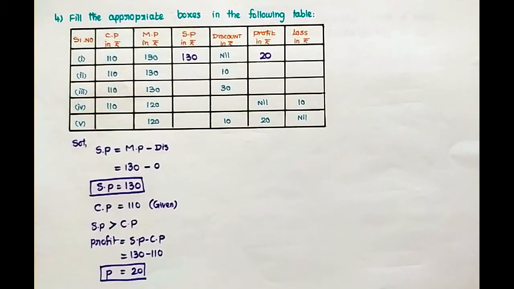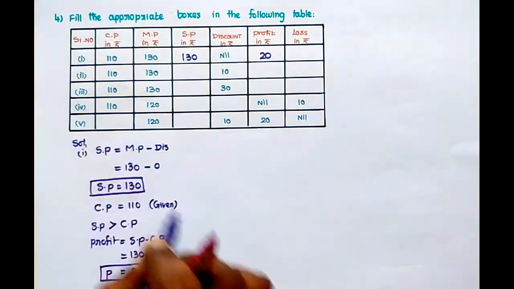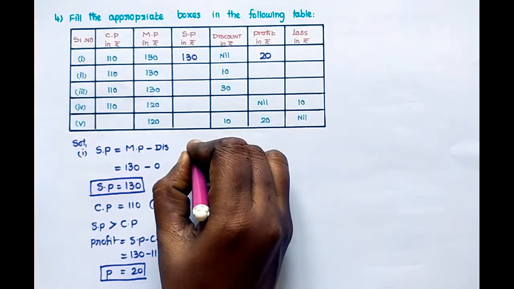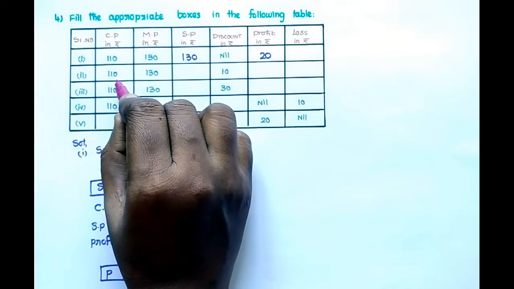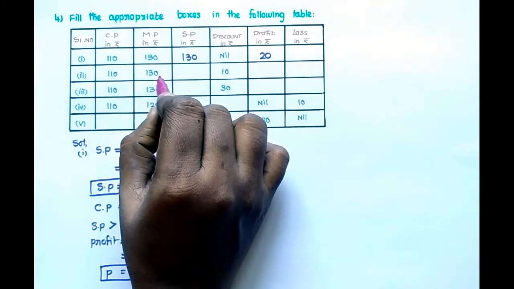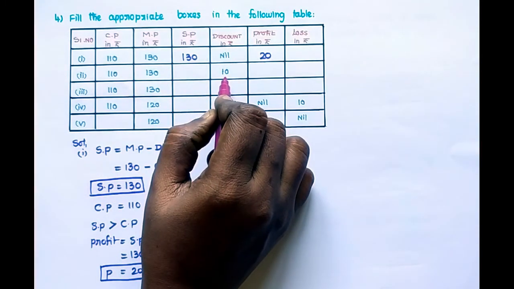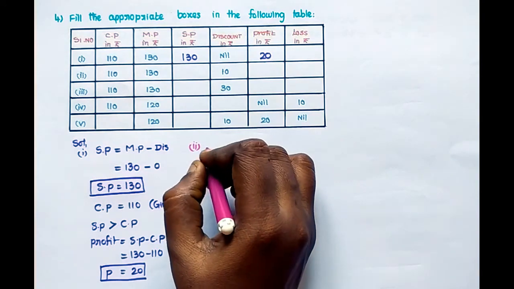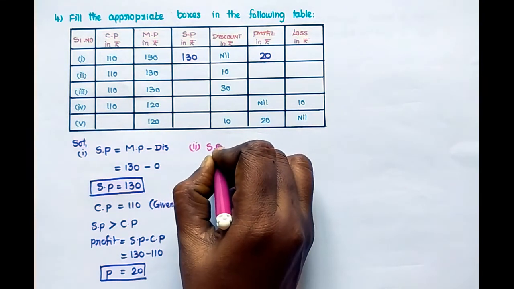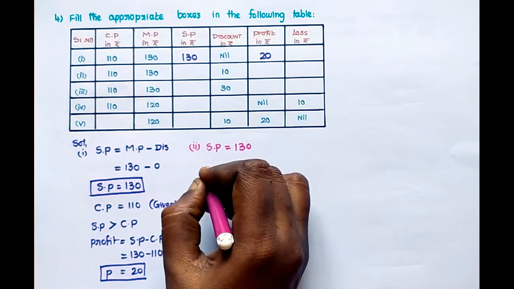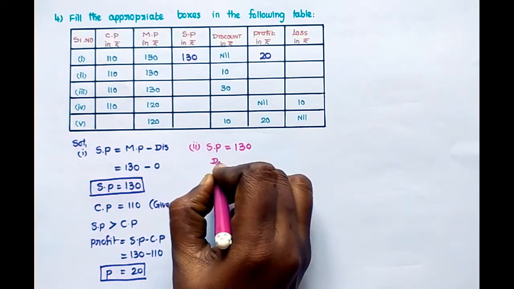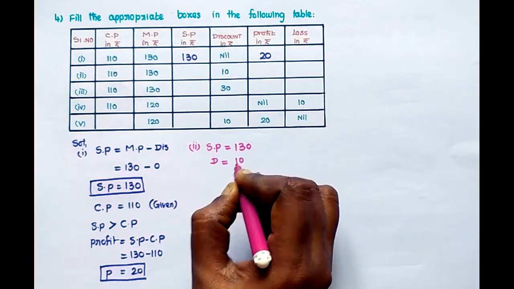Now second one, cost price 110, mark price 130, discount they have given 10 rupees. So selling price equals 130, discount that is rupees 10.